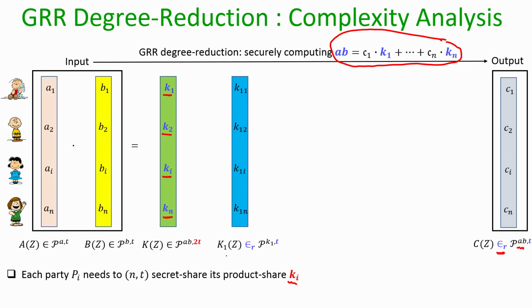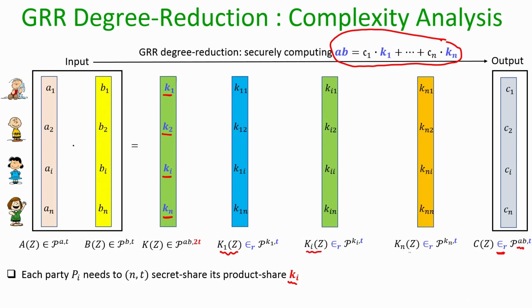So, P1 will be secret sharing K1 by picking a random polynomial of degree T and distributing shares. Similarly, P2 will be doing, Pi will be doing, and Pn will be doing, and then finally we take the linear combination.